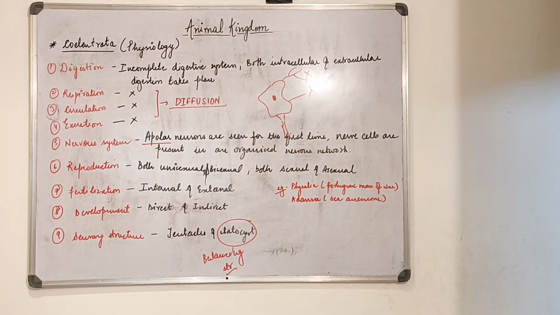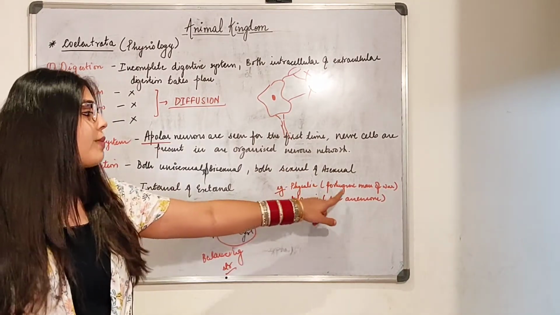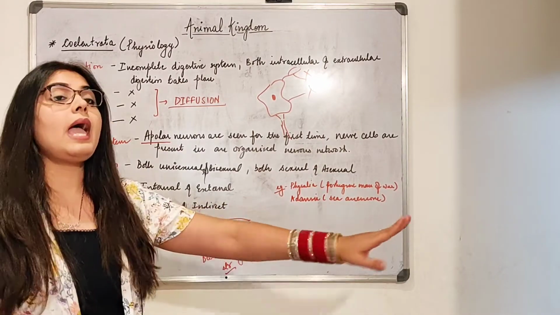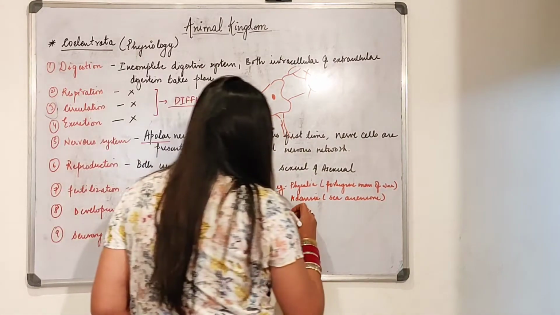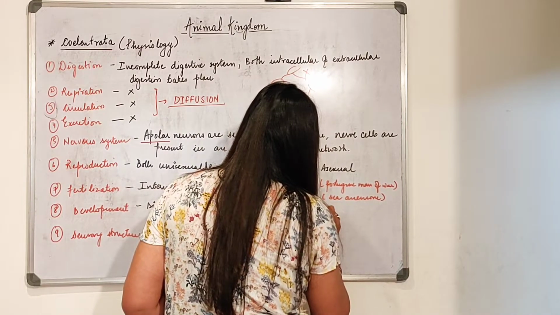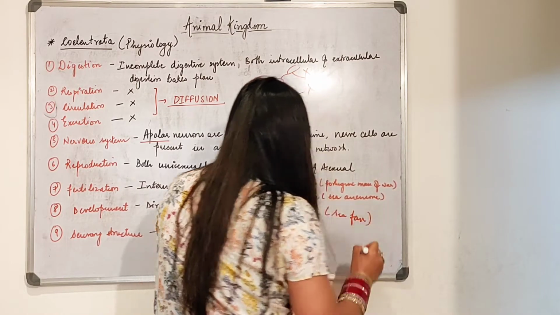Now next, beta, examples. The first one I have written is Physalia, also known as the Portuguese man of war. Next one is Adamsia, sea anemone. There are multiple examples, beta. Gorgonia, also known as sea fan. Very, very important.